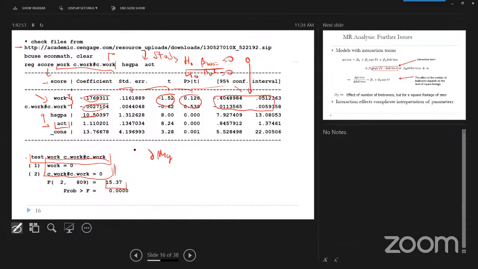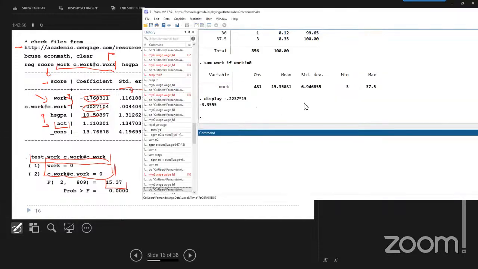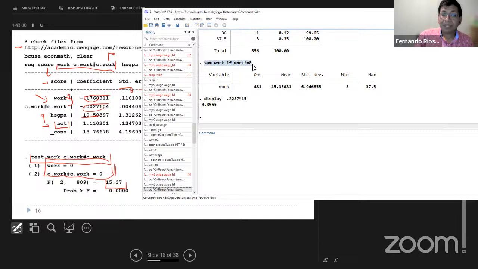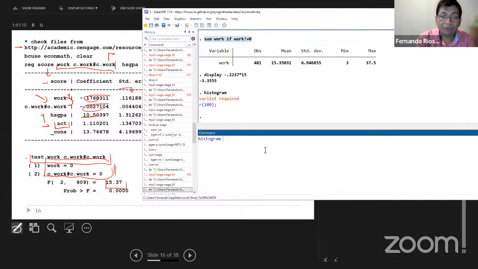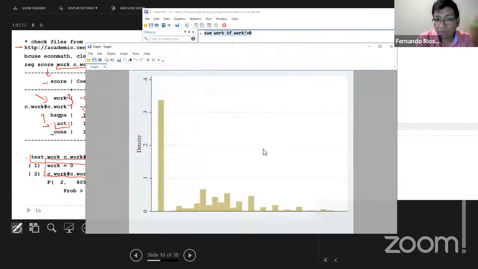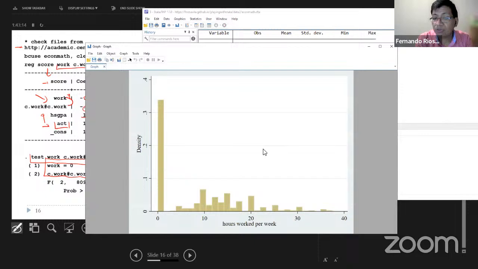Professor, why did you equalize it to 0? Does it mean people who don't work? Yeah. So what I was trying to do is have an idea of the distribution of number of hours of work, right? Another way of looking at it would have been this. What you're seeing here is that a lot of people work, but there are a lot who do not work.